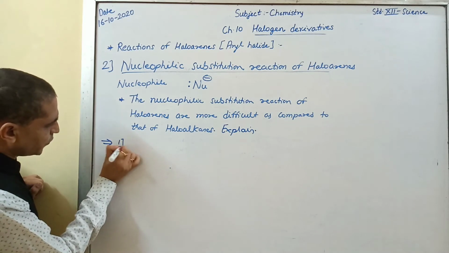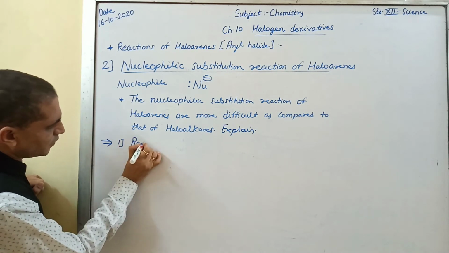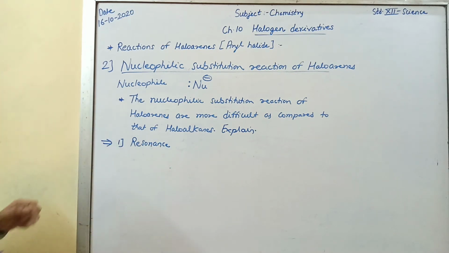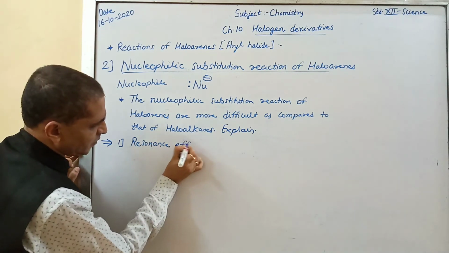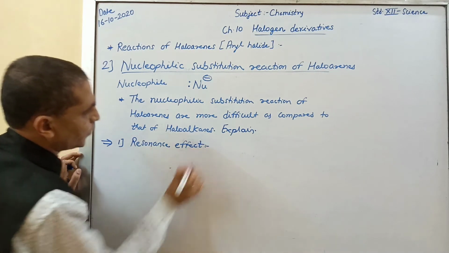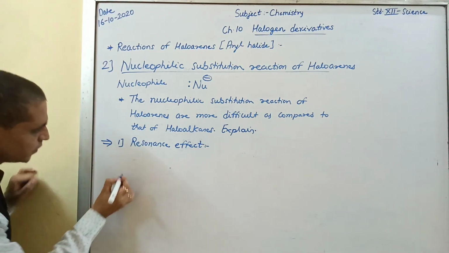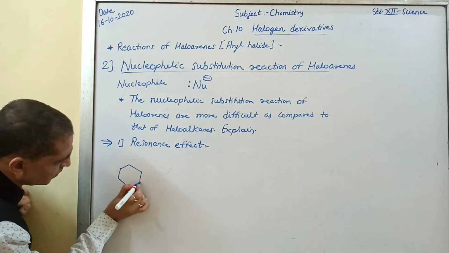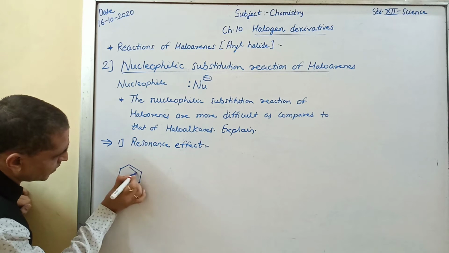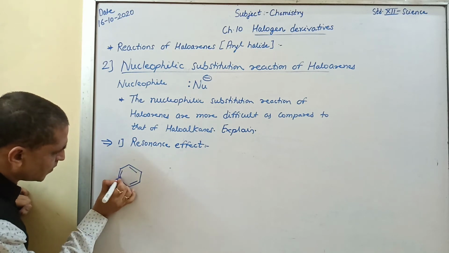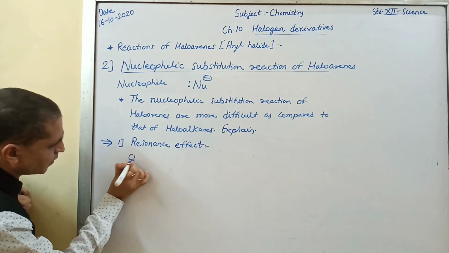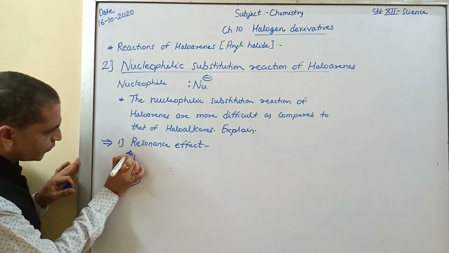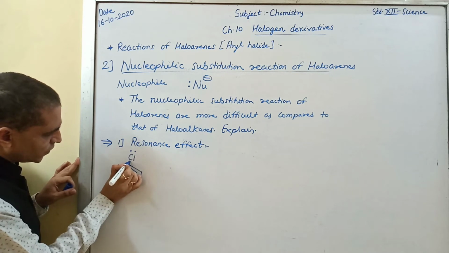There are different reasons. First reason is the resonance effect. Now you know how to draw the resonating structures. First you see this chlorine. You know the atomic number of chlorine is 17. So it contains 7 valence electrons. 1 electron is shared here.